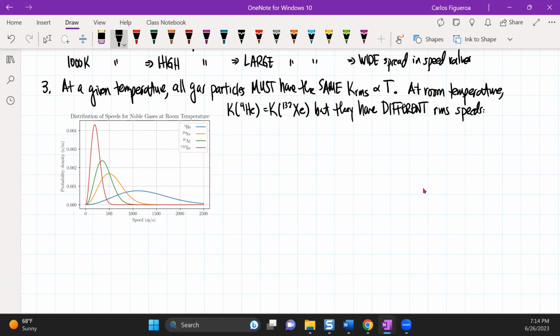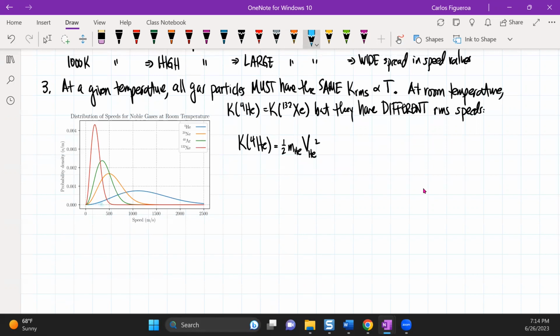So let's focus on helium. If I look at helium, which is helium-4, that turns out to be a really small mass compared to xenon. And therefore it has to have a higher velocity.